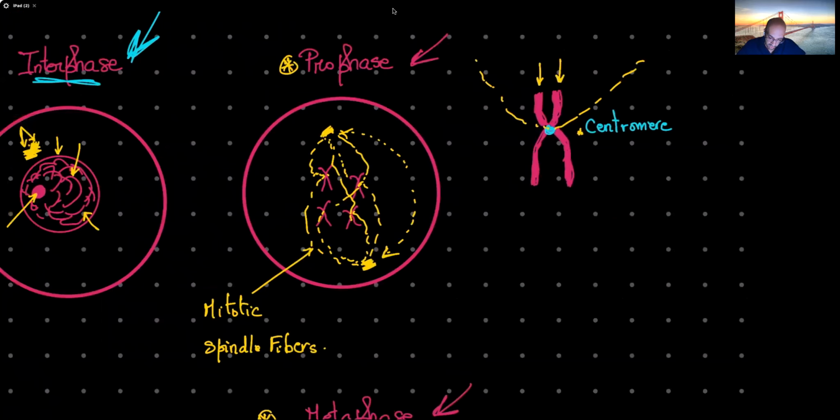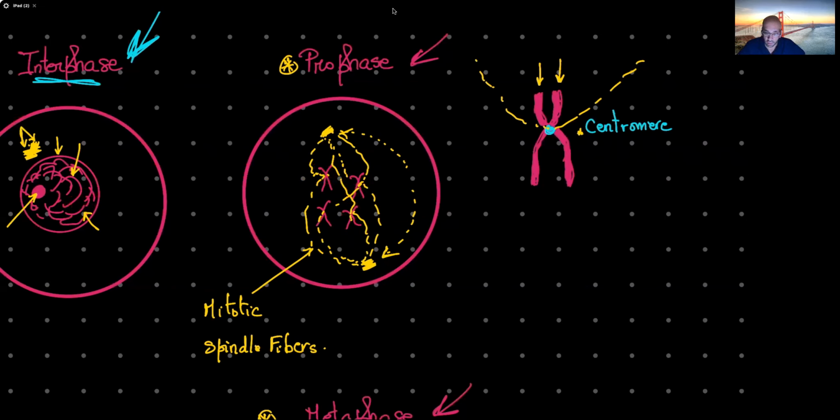Another thing that will be taking place is the degeneration of the nuclear membrane. The nuclear membrane disappears, as well as the nucleolus. So I don't have any more nuclear membrane, and I don't have any more nucleolus. And again, the chromatin has been condensed into chromosomes, as you see.